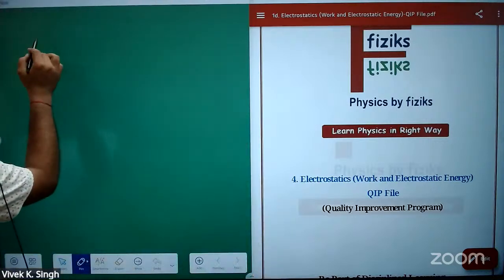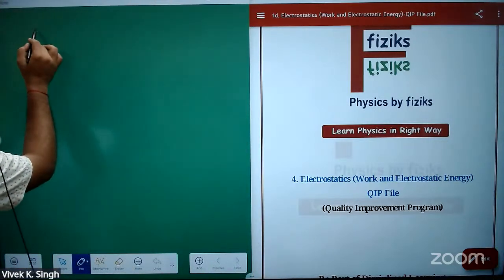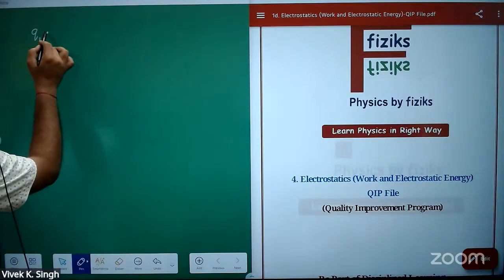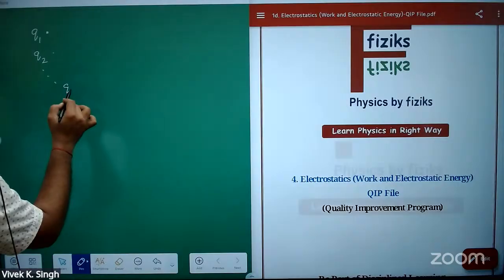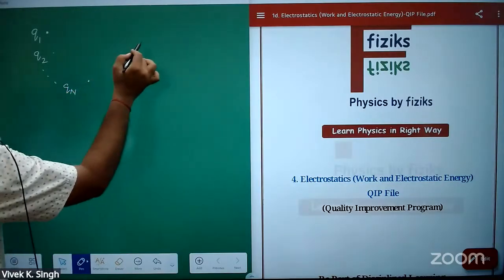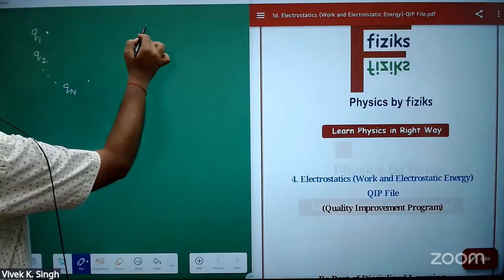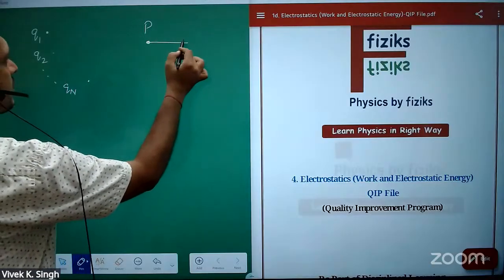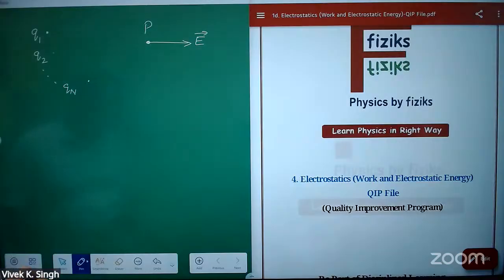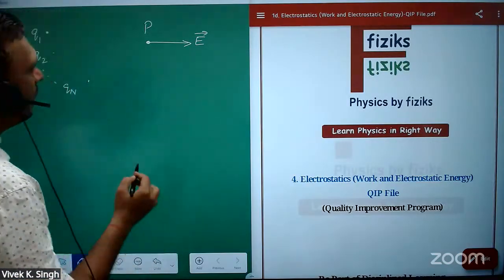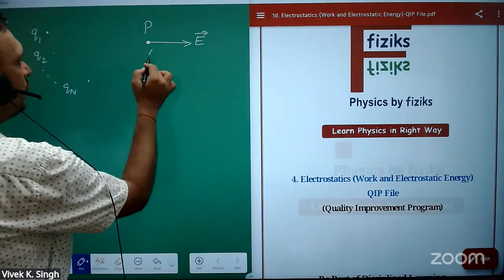So let's see, if you have some arrangement of charges, and at any point P there is an electrostatic field E. This is the field E, and you want to move a test charge.